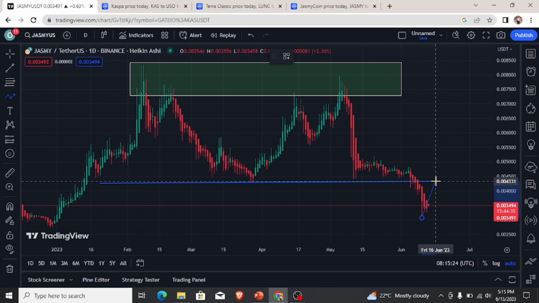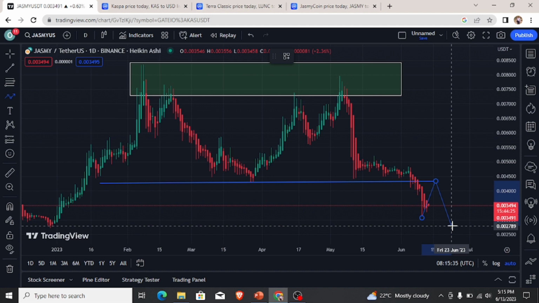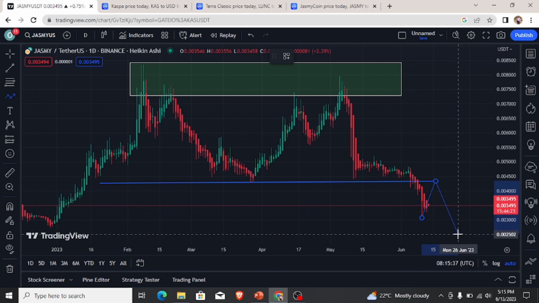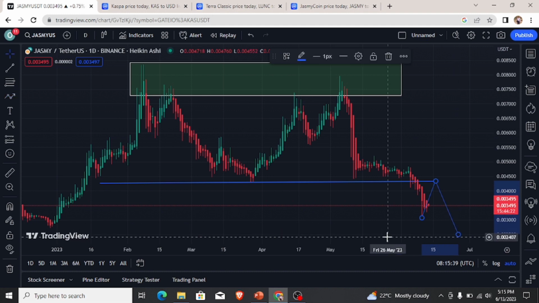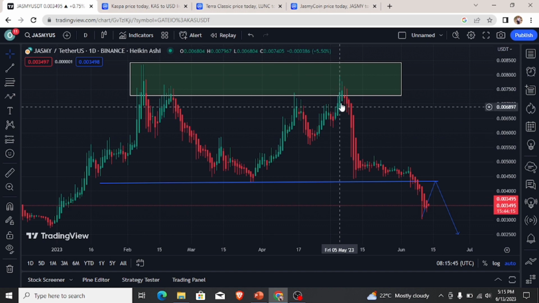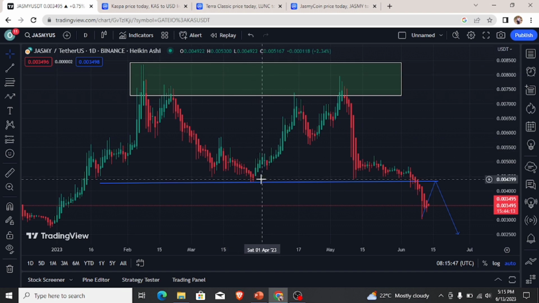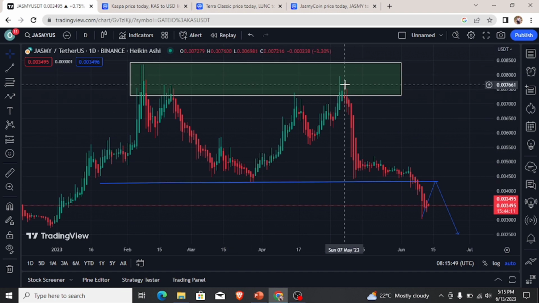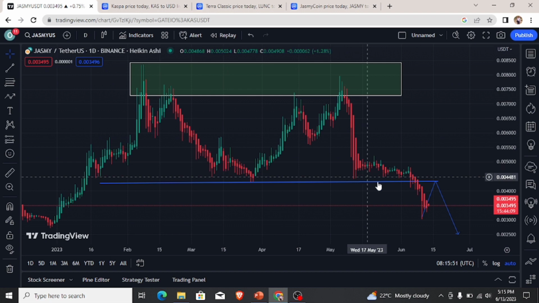Now this neckline becomes the next resistance for the impulsive move, so there can be a reversal from this point back to continue the downtrend. So this is how a double top works, and you can see it playing out right here on the price of Jasmy coin. You've seen the double top created, the neckline created, and the sellers breaking below the neckline.